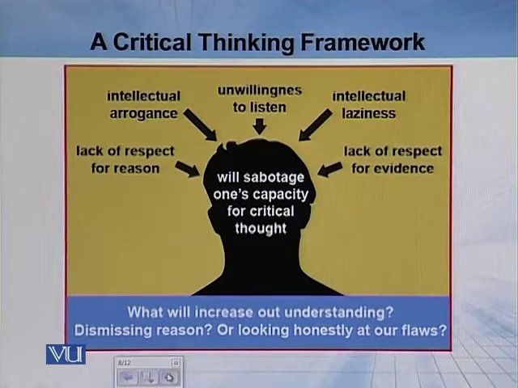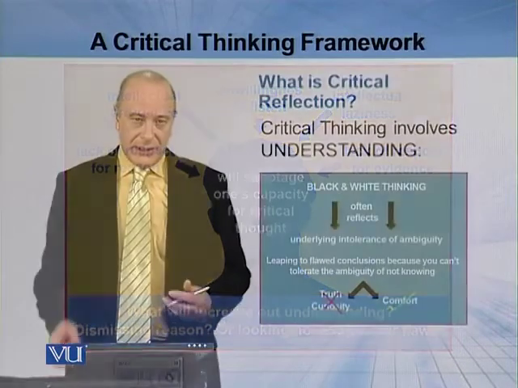This can actually get in the way of critical thought. It can actually prevent critical thought from happening. And so the teacher's role here is not about dismissing reason, but really about looking honestly at themselves and perhaps having to be honest about the flaws that they have as teachers.